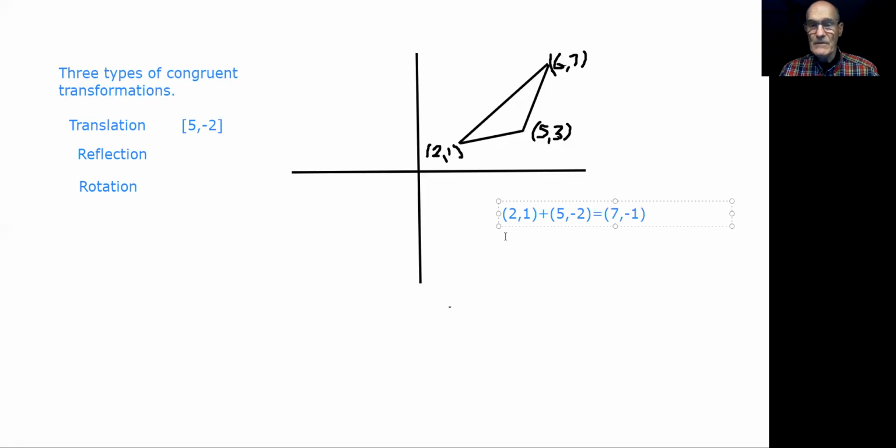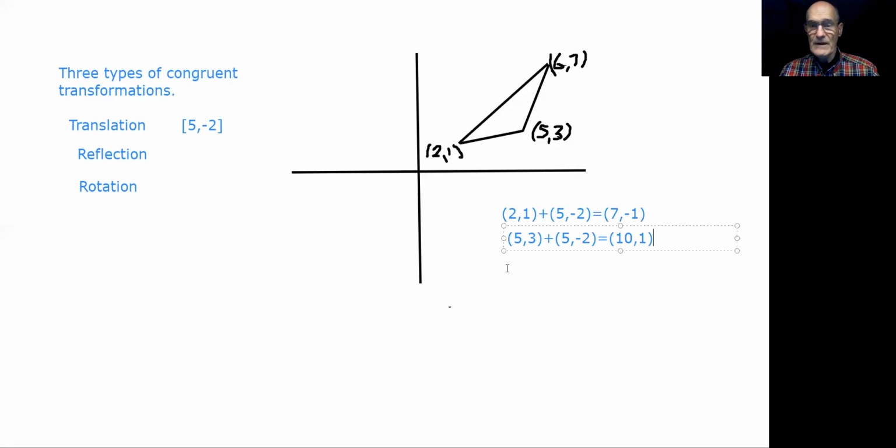Now I do the same thing with each one of the original coordinates. The second one would be my 5 comma 3, and I'm going to add to that 5 comma minus 2. So I would get a new set of coordinates, which would be 10 comma 1.